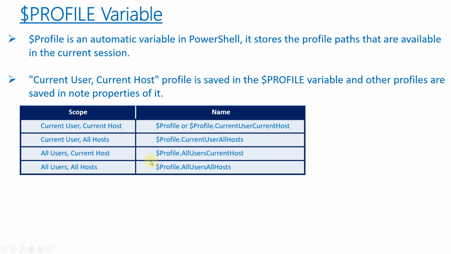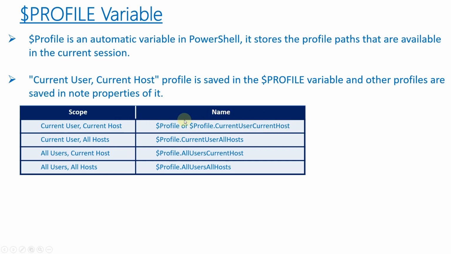Here you can see the names of all the profiles, and on the left side you can see the scope of each profile. If we want to use the profile for the current user and current host, then we have to write the content within $profile or $profile.CurrentUserCurrentHost.